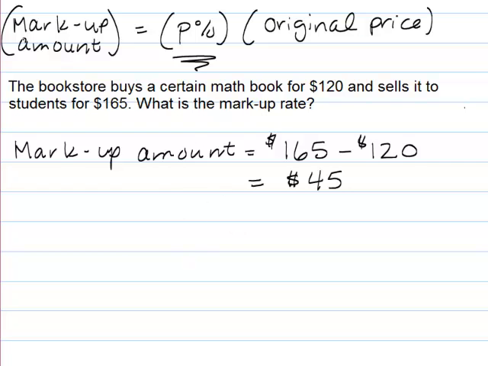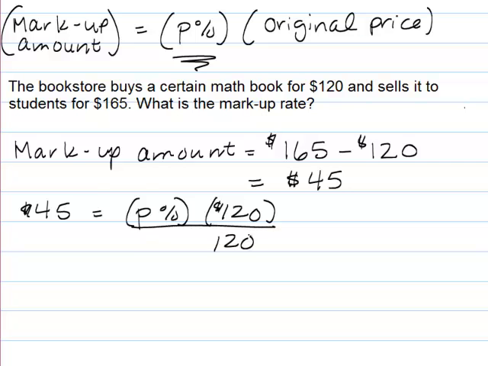We can put that into our equation up here. Markup amount $45 is going to equal our percent rate multiplied by the original price. The original price was $120. Now our unknown is the percent rate here. So we're going to divide both sides by 120 so that we get the percent rate by itself on this side.